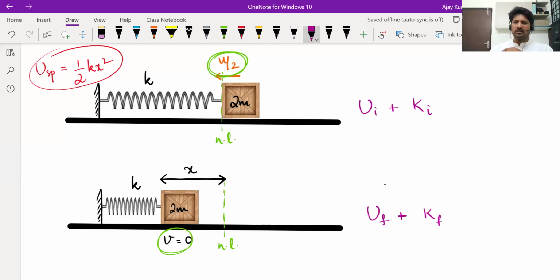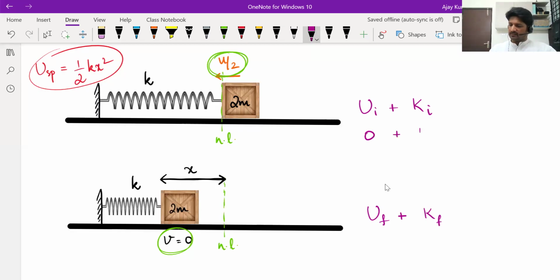In half kx square, what does x stand for? Elongation or compression in the spring. Correct. When it is at natural length, it is neither elongated nor compressed. So initial potential energy stored in the spring is 0.